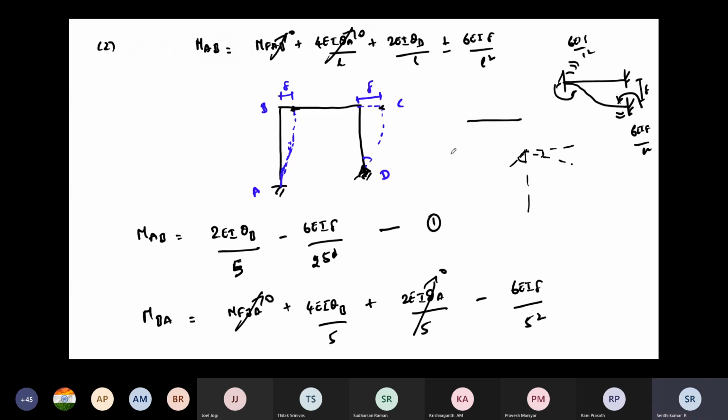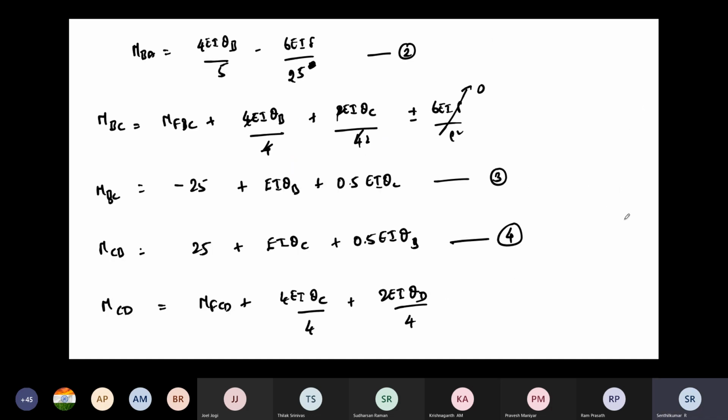Just assume again, as we said already, the support is settling here, so the delta will be there. When delta is like this, anti-clockwise, I can put minus 6EA delta by L square, L is 4 square.